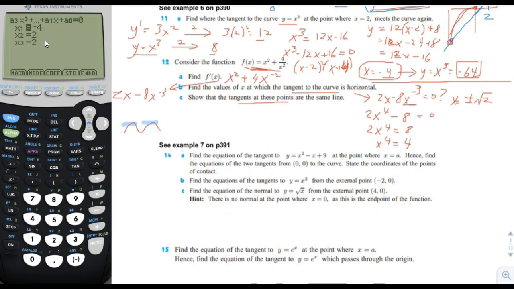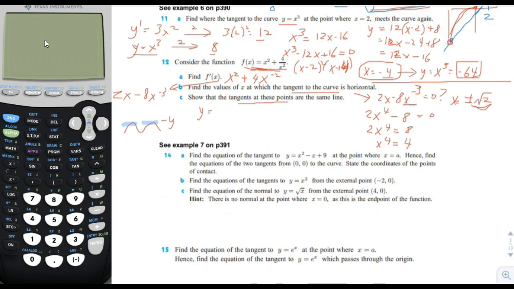Let's see. We just found out what these 2 points are, right? So let's plug the plus and minus square root of 2 into the original equation, and that's going to give us the y height. So first we're going to do plus square root of 2.